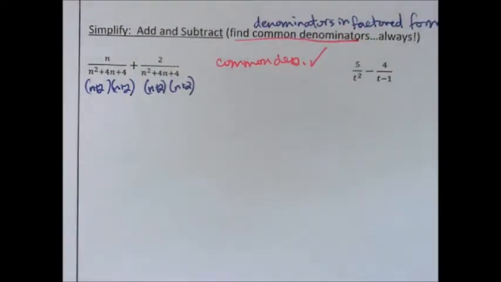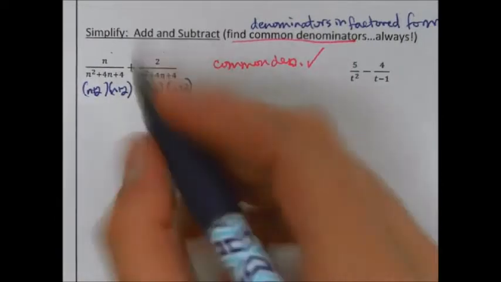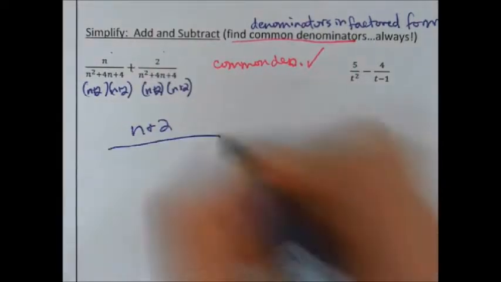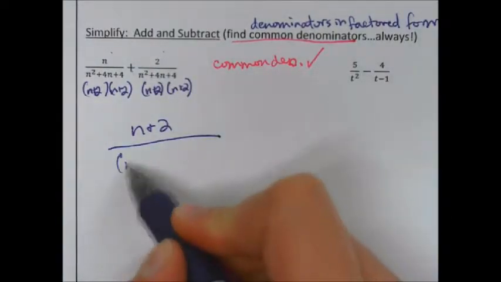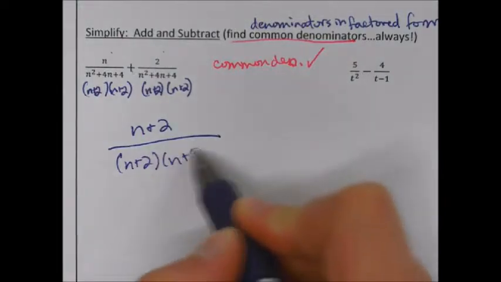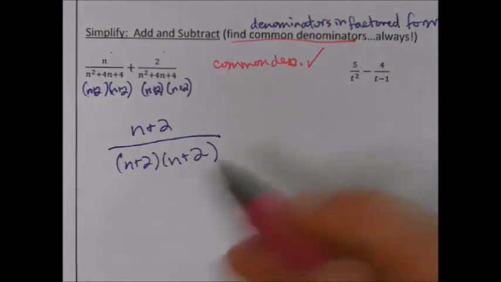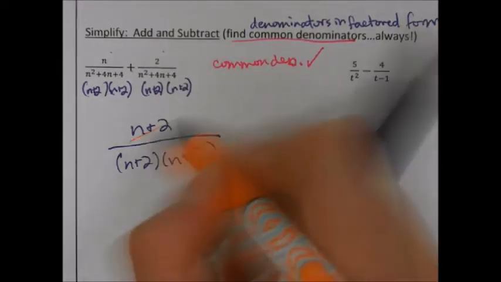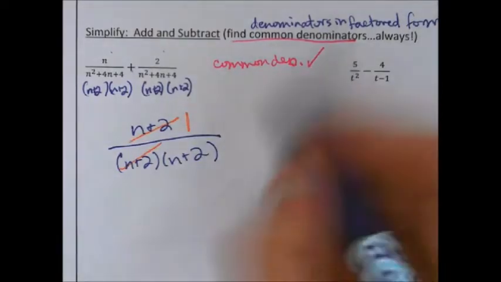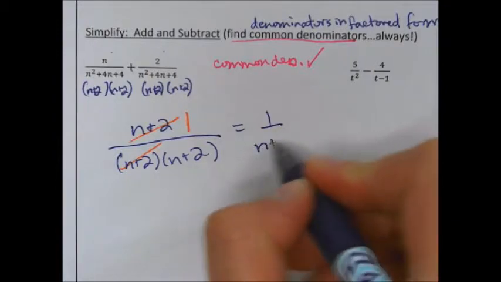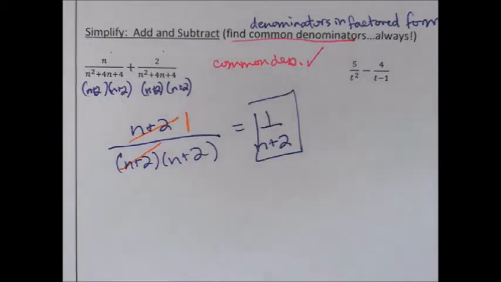So we can just add straight across. So we have n plus 2 on top. And then our denominator is n plus 2 times n plus 2. And we can note this and this, that becomes a 1. So I get 1 over n plus 2.